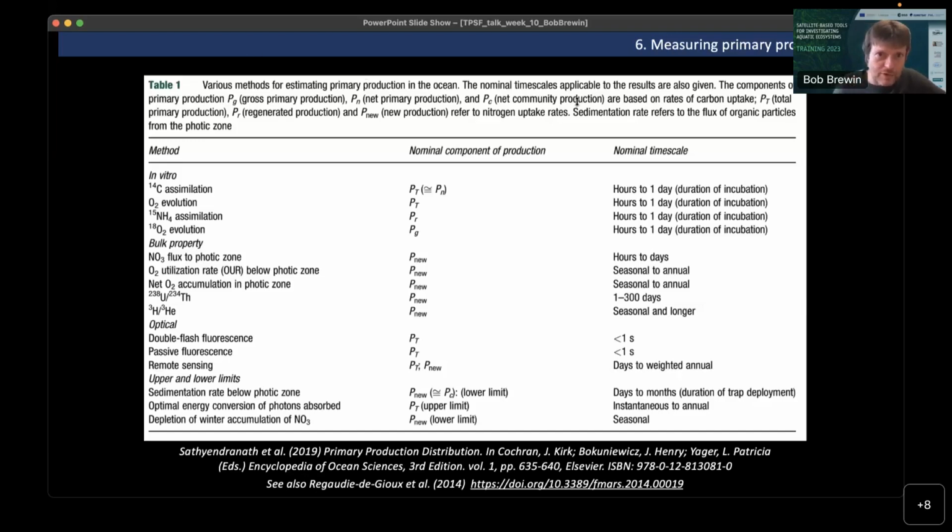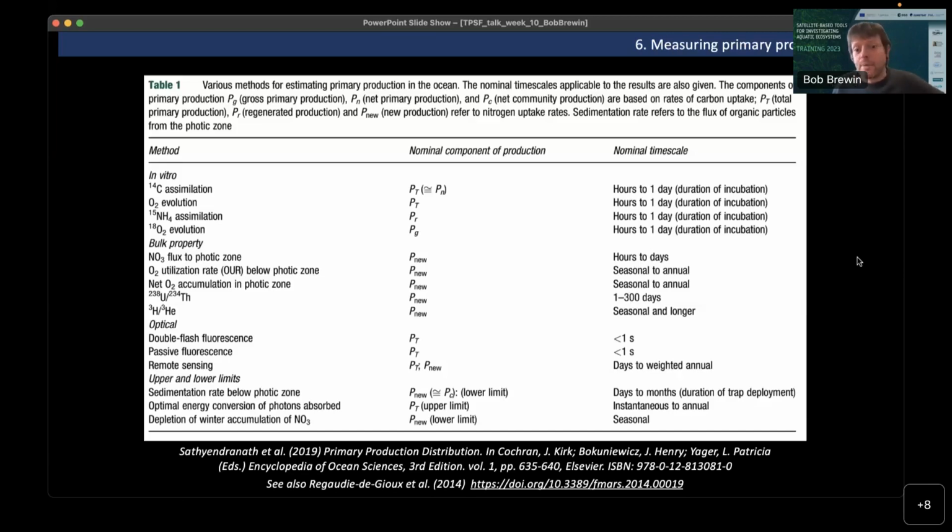Again, with reference to the different types of primary production: gross, net, and community production, and export production, and on the various timescales that these measurements need to be conducted at in order to get at the production property.